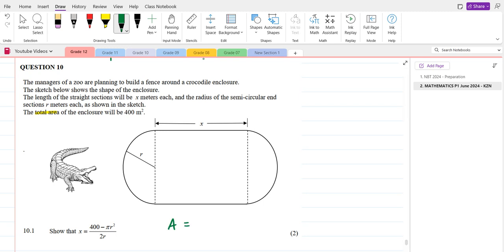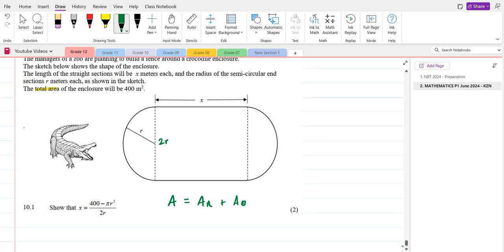Area is equal to the area of the rectangle plus the area of the two semicircles, so area of a circle, and remember the distance from here to there is 2r.